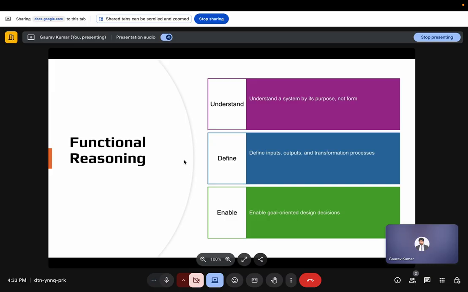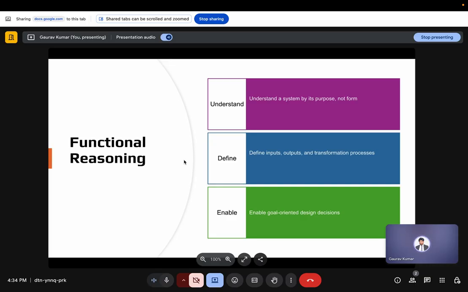So let's understand. We prioritize purpose before form. What transformations must occur from input to output? This abstraction enlarges the concept space, and explicit input-output definitions prevent scope creep and omissions.